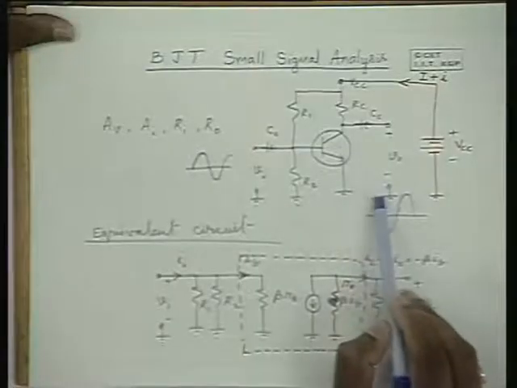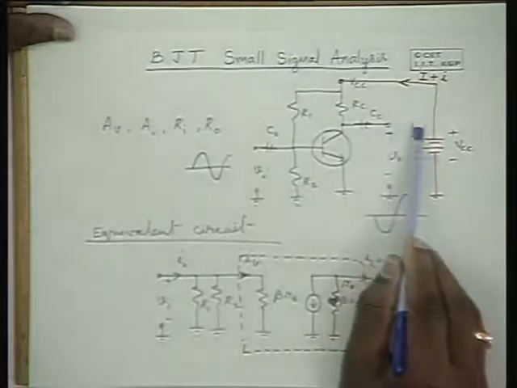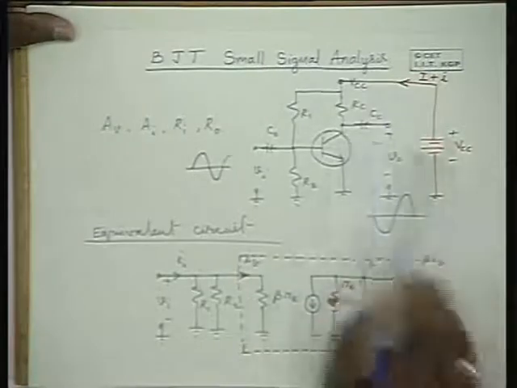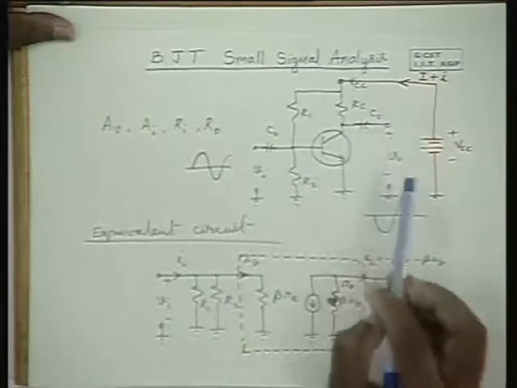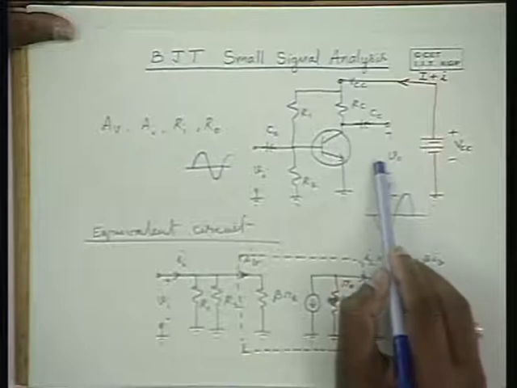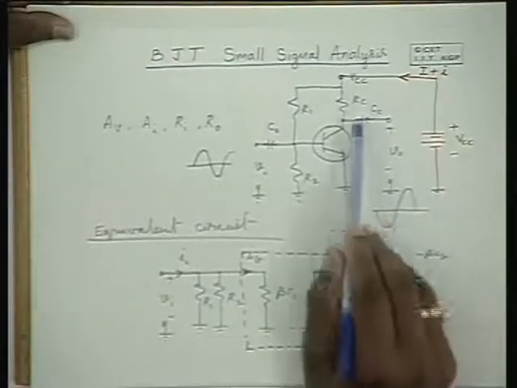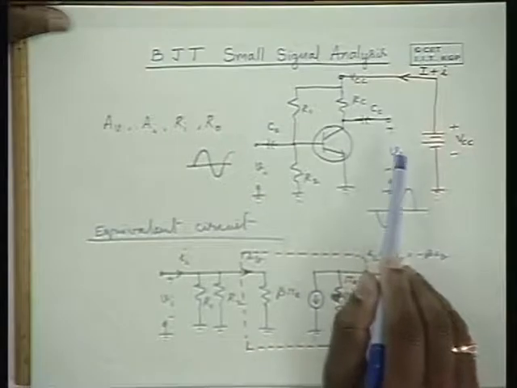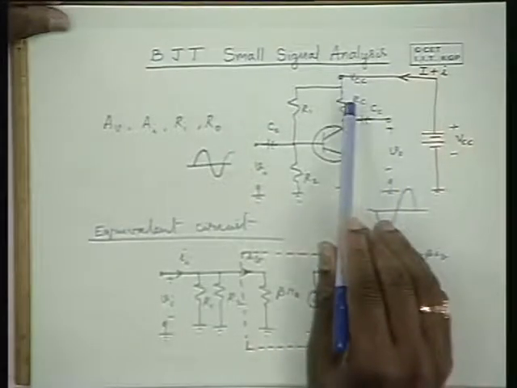Now, if this is the amplifier circuit and you are going to connect an external load resistance here, independent of the load, the amplifier only involves RC. Therefore, the output impedance is RC itself.